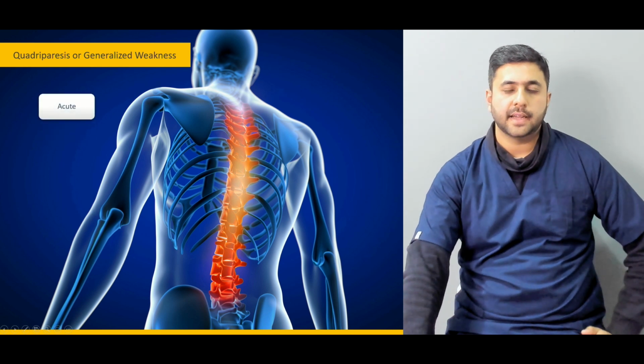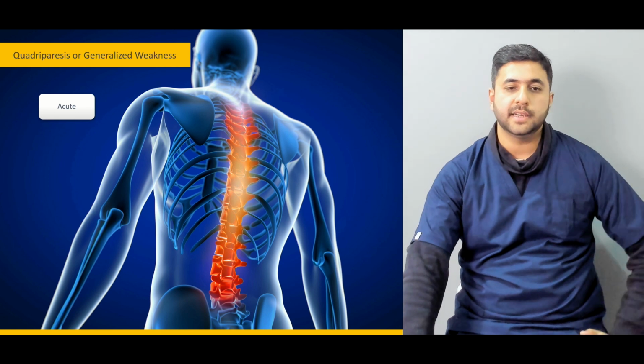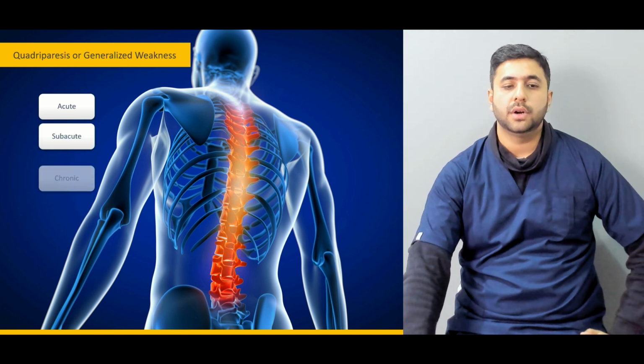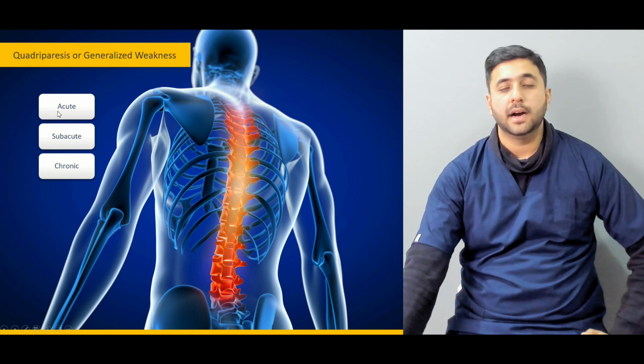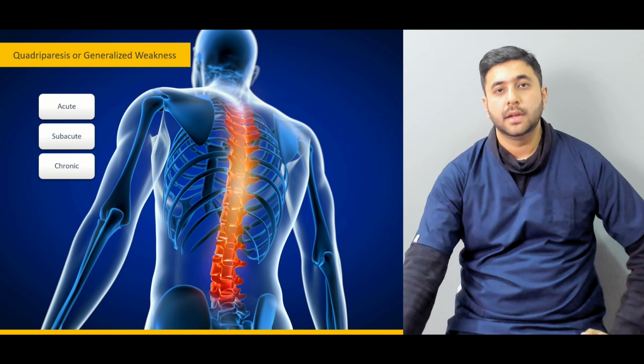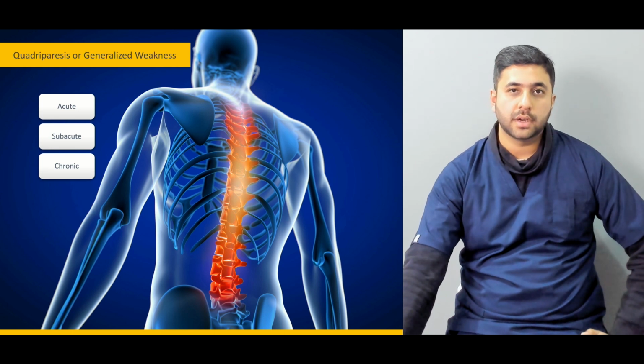We classify it again on the basis of the timing of the presentation in acute, subacute, or chronic forms. We are going to look at certain causes in the next slide. Acute presentation of quadriparesis may occur in someone who has had a very high bleed in the brain or a very acute stroke.